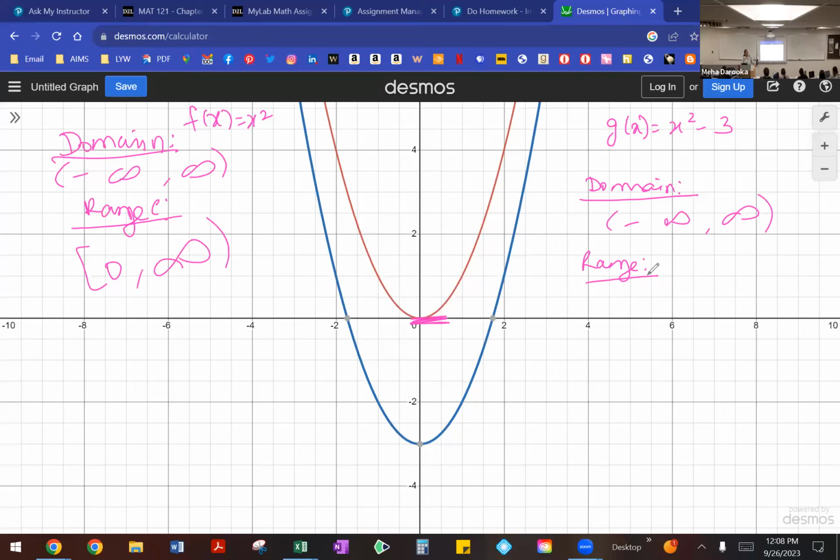Did that change for the x squared minus 3 function? Yes, you moved it 3 units down. Your range will show that change, and you're now starting at -3, but obviously you're still going up to infinity. So in this case, you will see our range does get changed when we do that vertical translation. Questions on this one?